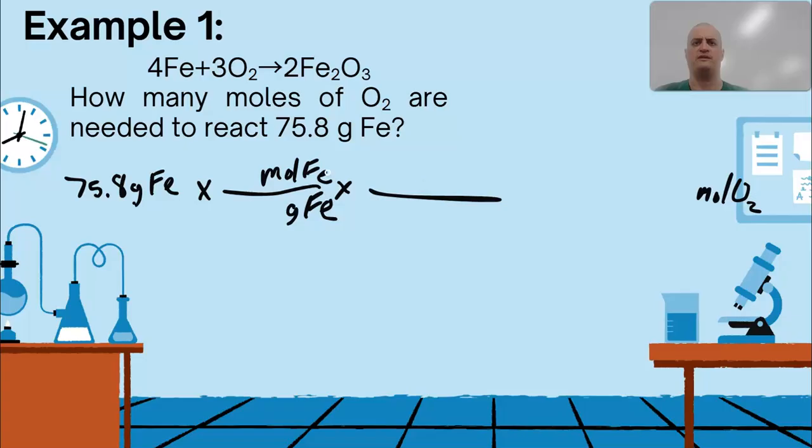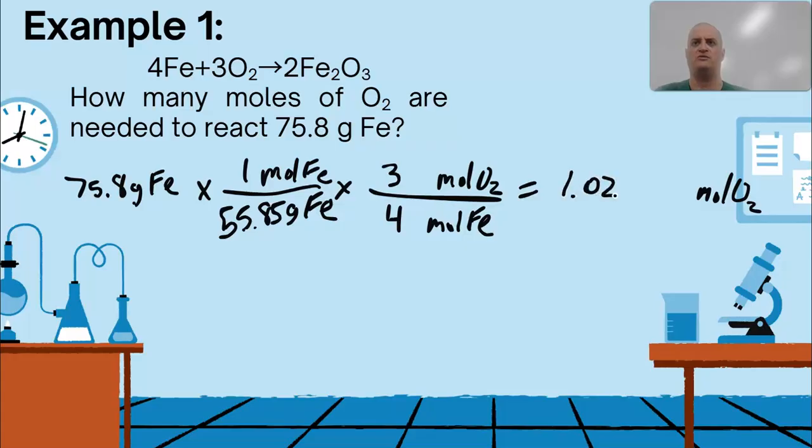Next conversion factor: whatever's on top goes on the bottom. So moles of Fe. Again, once I'm in moles of one substance, I can go to moles of another substance. The same numbers still come from the coefficients, 3 and 4. Remember, for every 1 mole, we have so many grams, which I've looked up on our periodic table: 55.85 grams. Multiply across the top, divide by the things on the bottom separately, and you get 1.02 moles of O2.